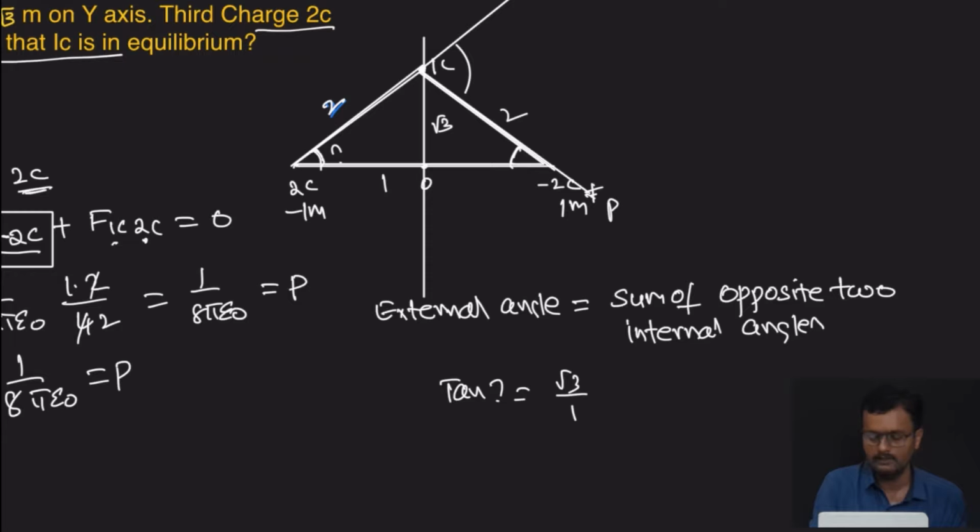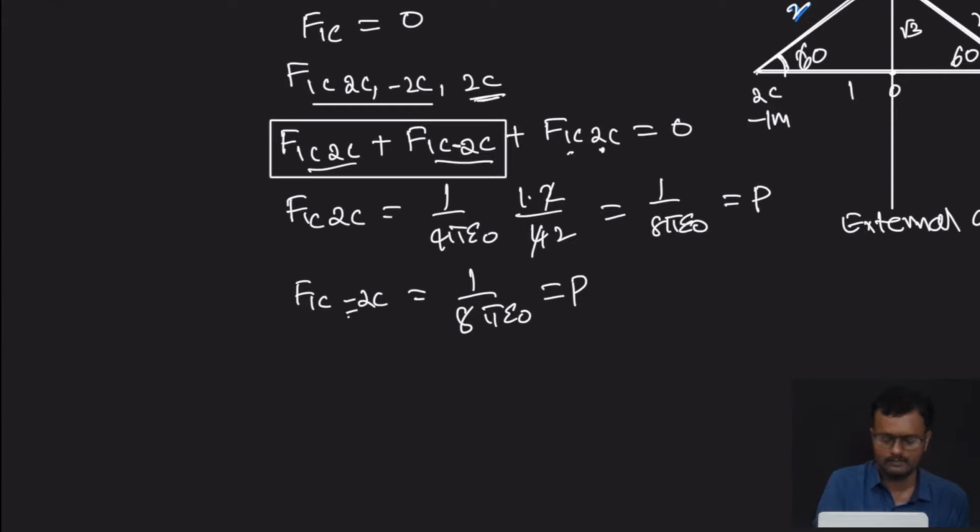So the angle is 60 degrees. This is 60 and this is 60, 60 plus 60 is 120. So the two vectors, P and P, make an angle of 120 degrees on 1 coulomb.